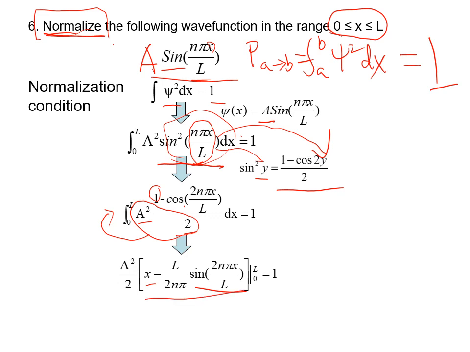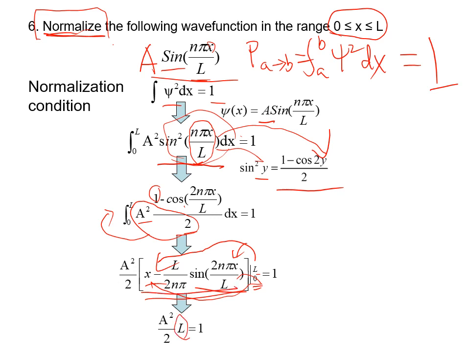So you get this integrated, and the integration range is from 0 to L. The last step is to plug L into x, and then plug 0 into x, so use final minus initial. Please try that. Your answer should be L. So the integration here should be L.